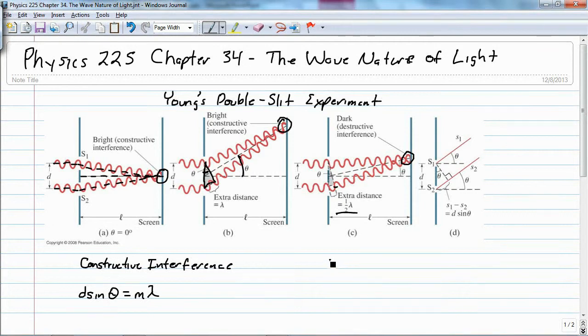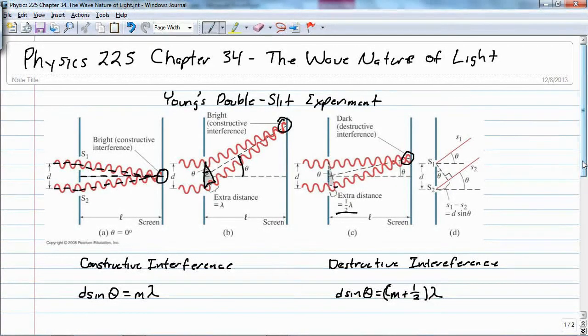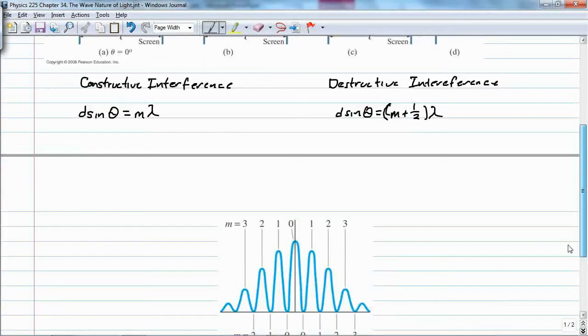And for destructive interference, we have d sine theta is equal to, and here it's going to be m plus 1/2 to account for the half wavelength difference that we need, times lambda. Now the m value is related to how the light bands match up on the screen.